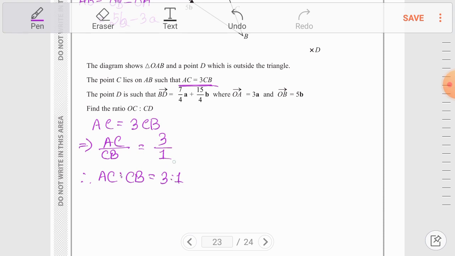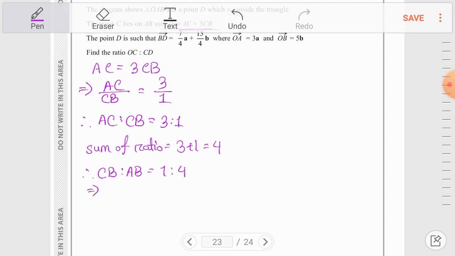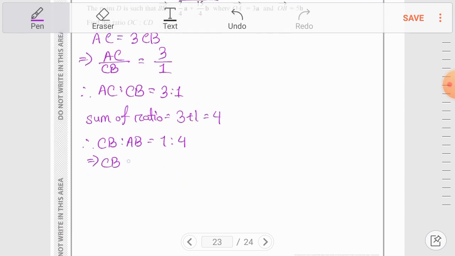Now we can find the ratio of CB to AB by the sum of the ratio. The sum of the ratio would be 3 plus 1, that's 4, and the ratio of CB to AB is 1 is to 4.